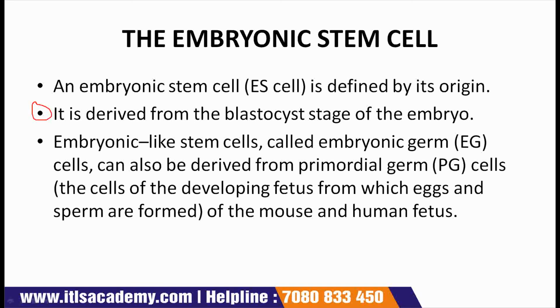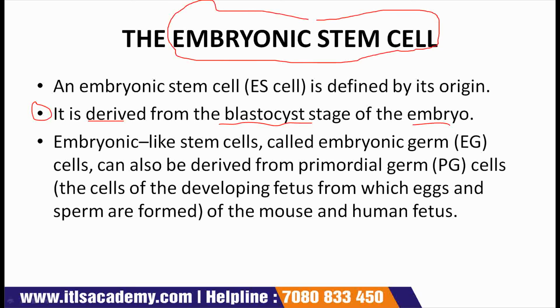Next point, it is derived from the blastocyst stage of the embryo. As the name indicates, embryonic stem cell, it is clear that it is somewhat related to the embryo. So, it is derived from the blastocyst stage of the embryo.